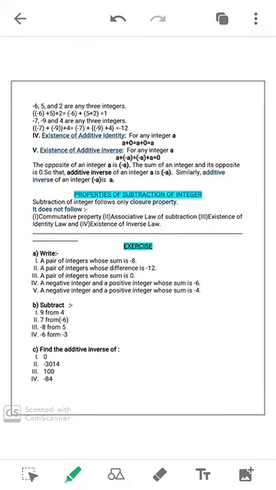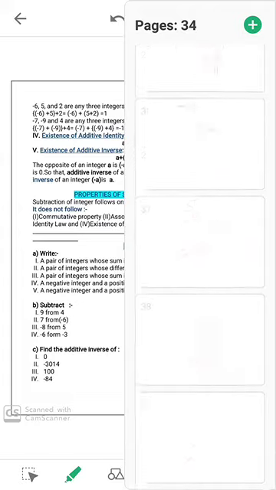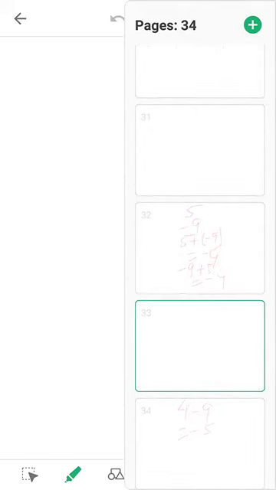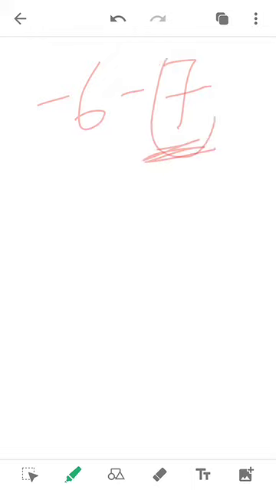7 from minus 6. Minus 6 minus 7. When 7 is subtracted from minus 6, we will get minus 13.